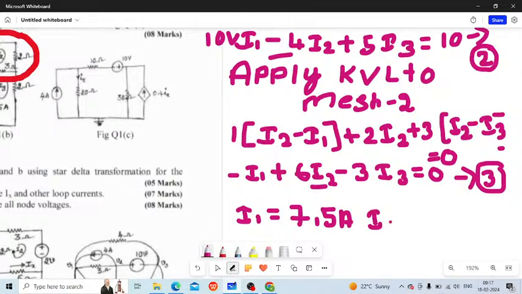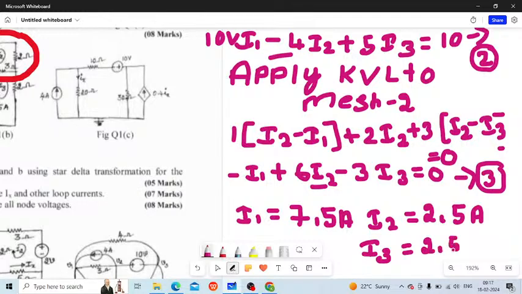And I2 is equal to 2.5 ampere. And I3 is equal to, once again, 2.5 ampere. So this is for the very first question, students. We did it like this.